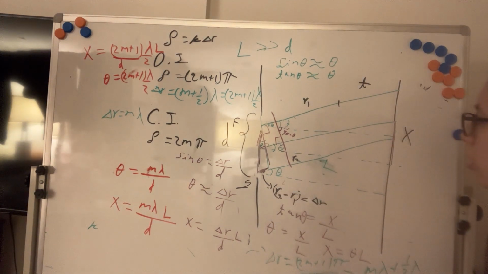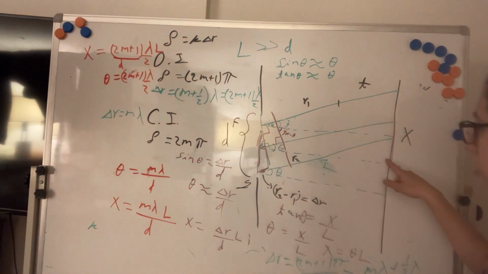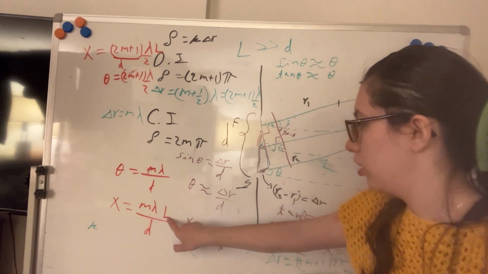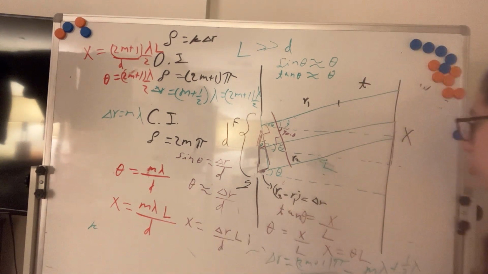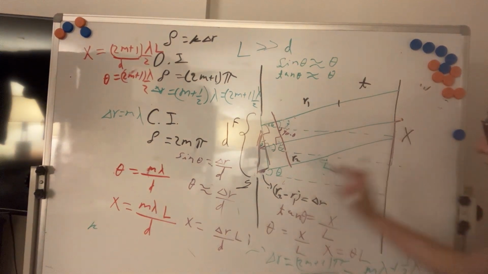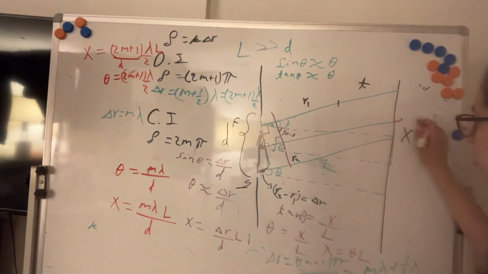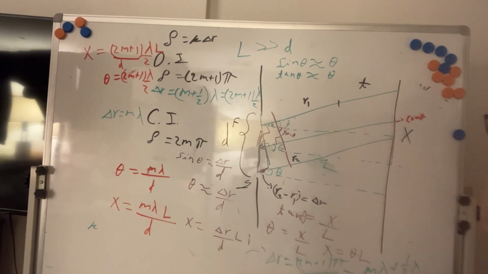So when this x, measured from the center, is m lambda L over d, let's say m is 1, we would see at this point a white band, and here we would see constructive interference.